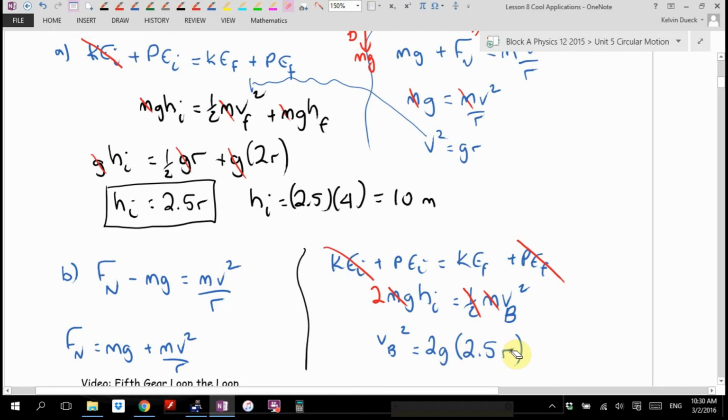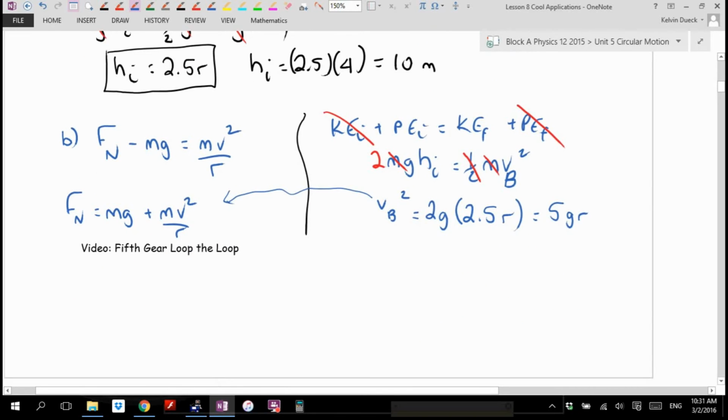What's g times r? I know you want to say it. Hey, there you go. So you actually get 5 gr. I can replace the v squared with a 5 gr. Okay?